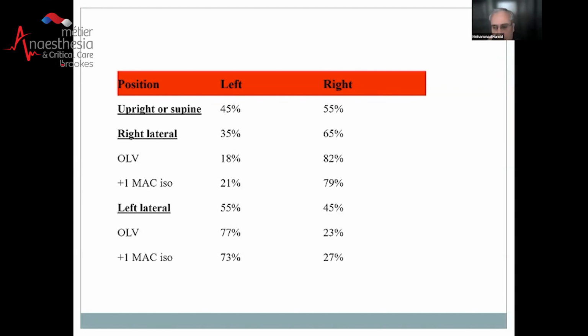Pulmonary vessels are really thin, and blood moves down to the dependent area. In the lateral position, the dependent area is the right lung. If you are doing surgery on the left lung, the right lung is dependent, near the table, so it will get more blood than the left side. In one lung ventilation, when the left lung is collapsed, the right lung will receive more blood than the left one.